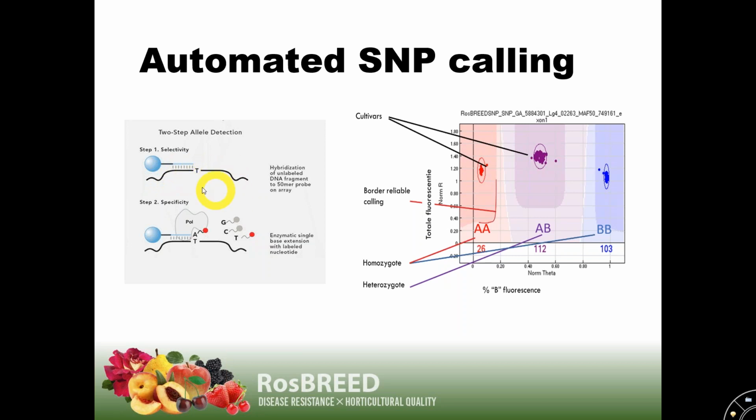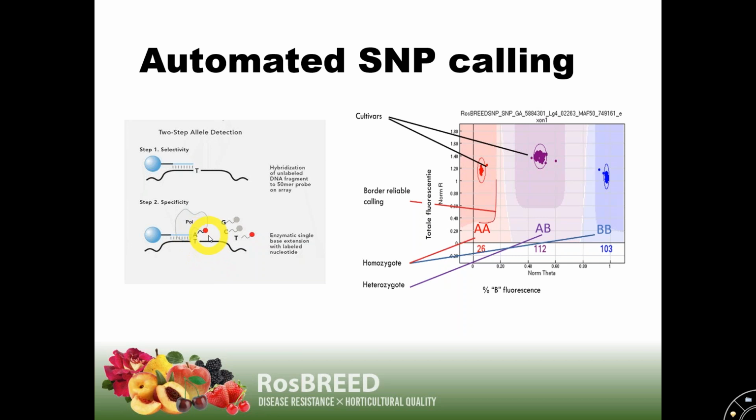During the reaction, our DNA will bind to it, and then in the next step, this probe will be extended with a single base, which is the SNP, or the nucleotide where the SNP is at. These nucleotides are labeled, and so by looking at which label was incorporated, we can see which the genotype is.